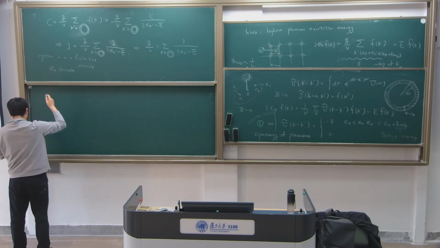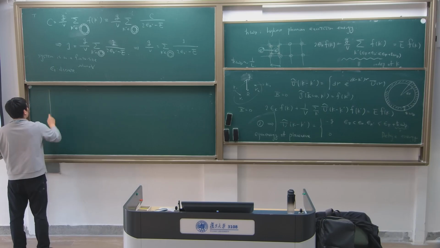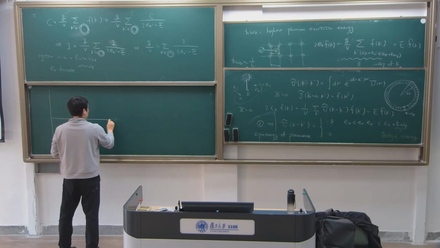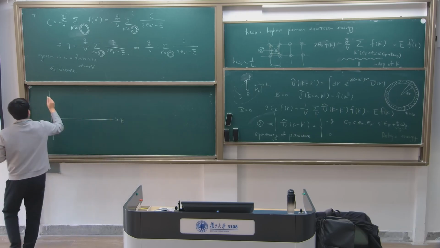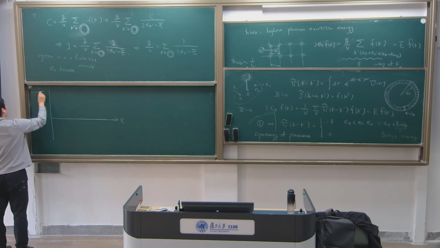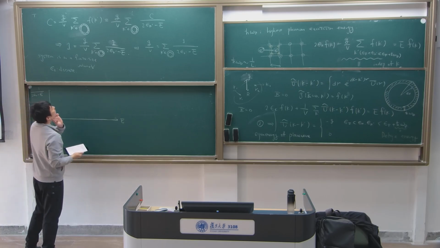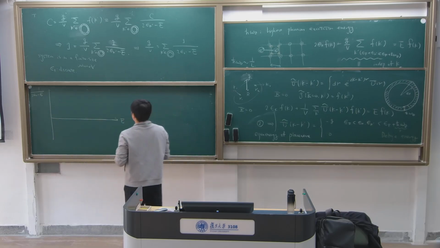And then you can just write down, so this is the sum over epsilon k.